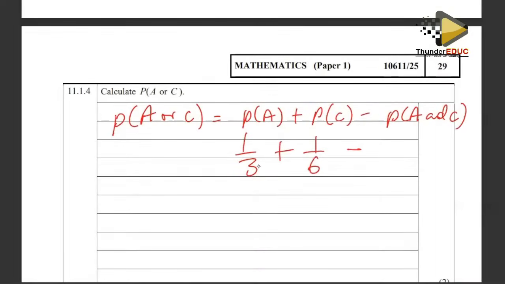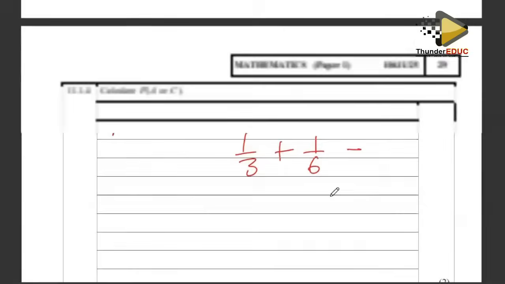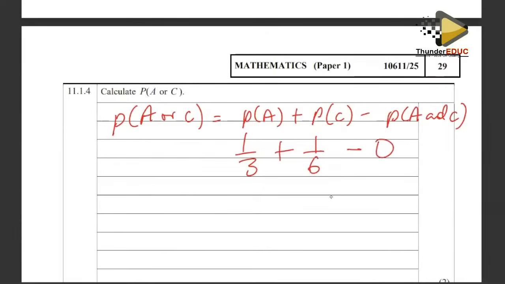Minus between A and C. This is A, this is C. There's nothing common, which means it's just minus 0. Simplify this. 1/3 plus 1/6 gives us 3/6, because it's times 2, which is a half. Perfect.